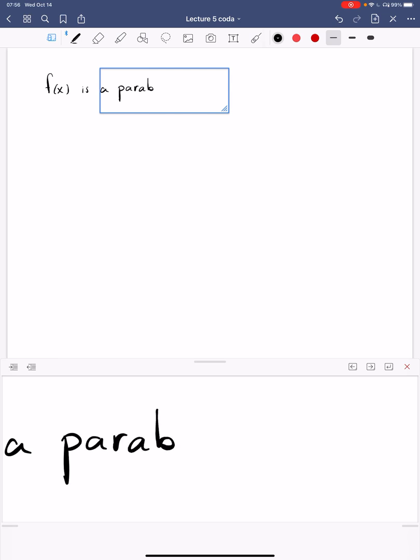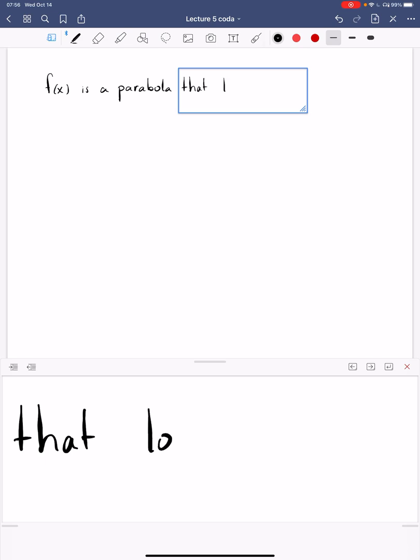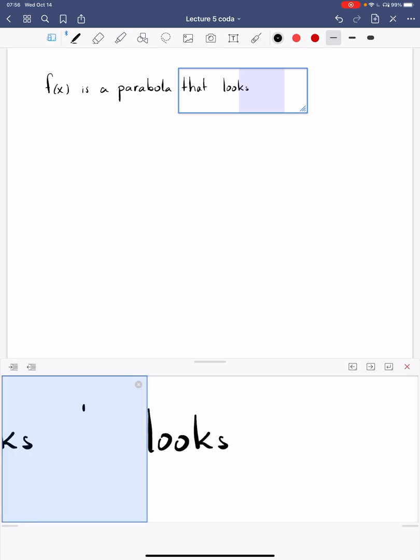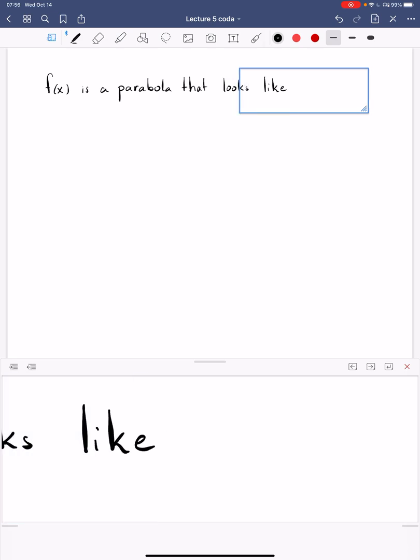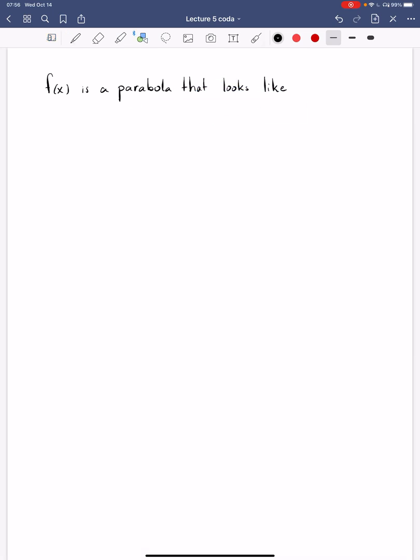So f of x is a parabola, and there are two possibilities. Let me draw two coordinate axes.